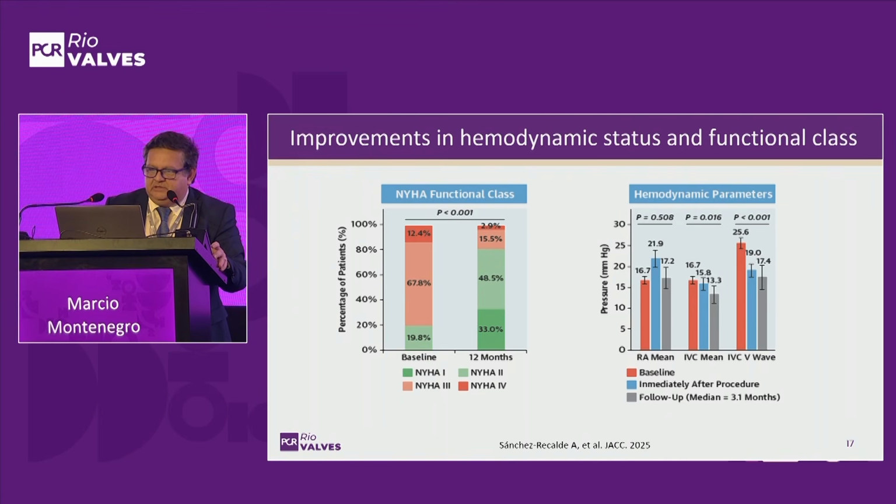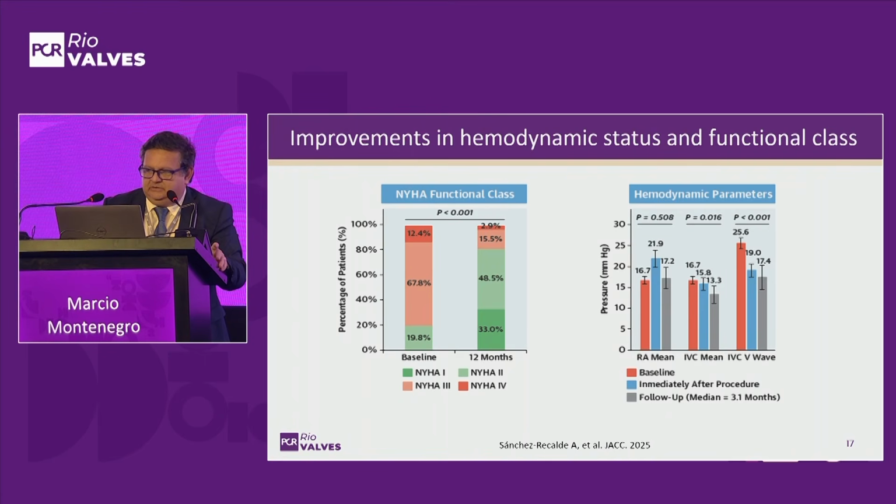The improvements in hemodynamic status and functional class are also observed. Before the treatment, almost 80% of the patients were in functional class 3 and 4, and after 12 months, almost 80% were in functional class 1 and 2.